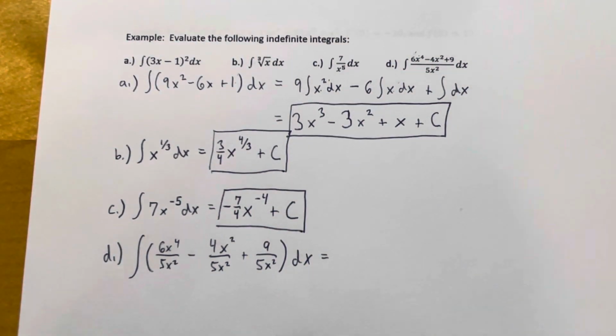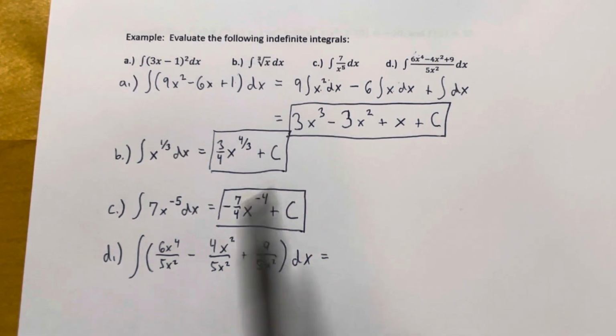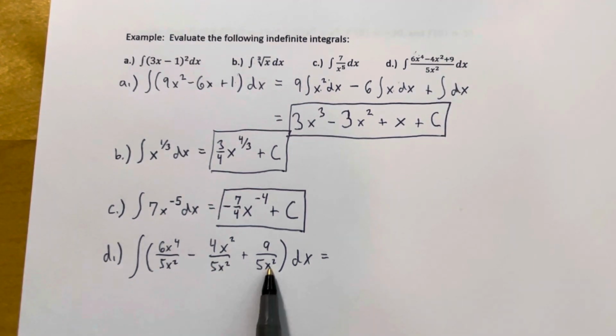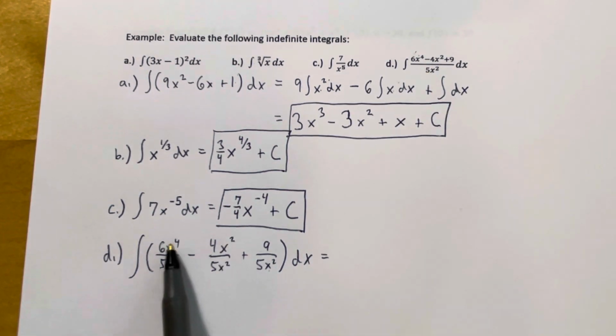Okay, at this point, hopefully you can see why this is the same thing as this. Notice the common denominator. So if you wanted to add all this back into one big rational expression, you keep that denominator the same, 5x squared, but then you add the 3 numerators, or subtract if you have subtraction going on. You would get back to this if you did that.